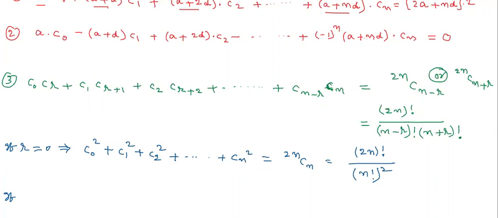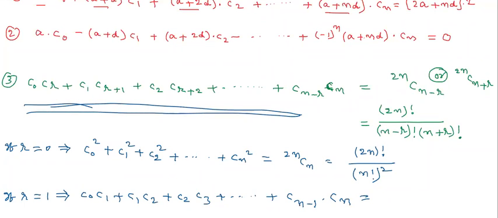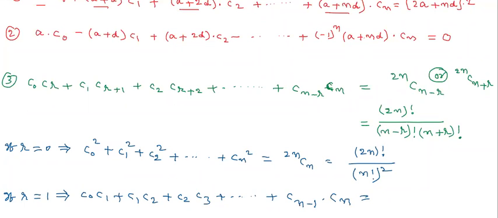Suppose, if in place of r we substitute 1, then what happens, students? C0 C1 plus C1 C2 plus C2 C3 plus and so on. Finally, what we get? Cn minus 1 into Cn. I am substituting here in this equation. Okay. Now, substitute in right hand side also.